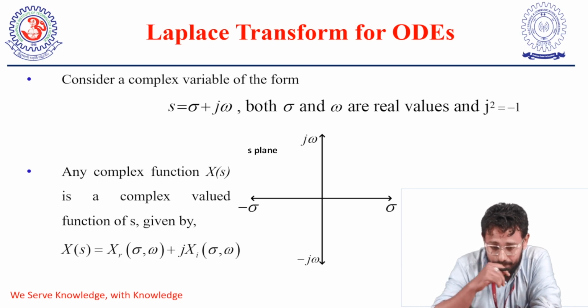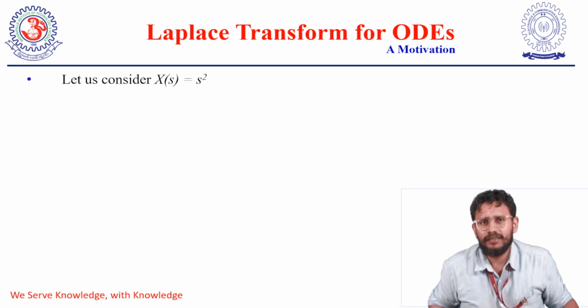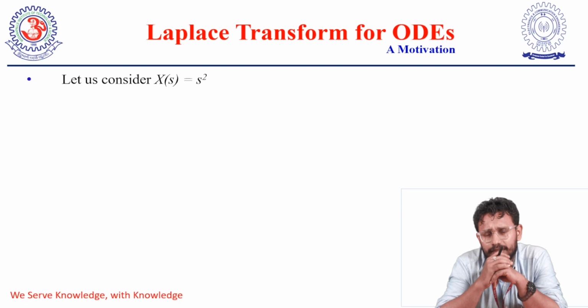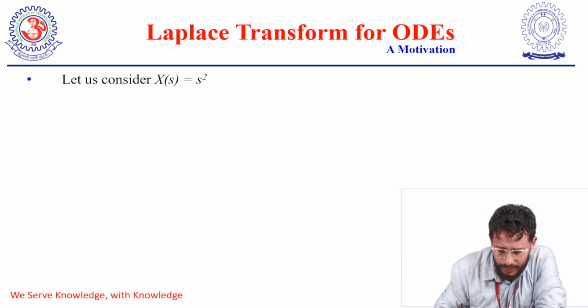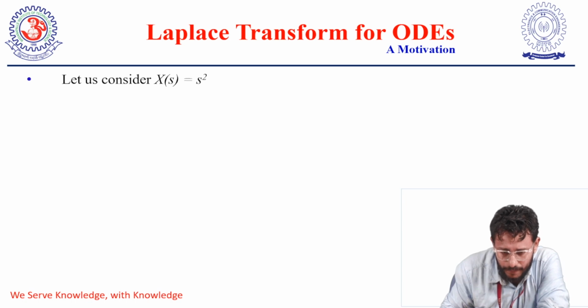Now, let's have a look. Let's choose a function of s, say x of s, which is s squared. In the previous slide we defined that s equals sigma plus j omega.